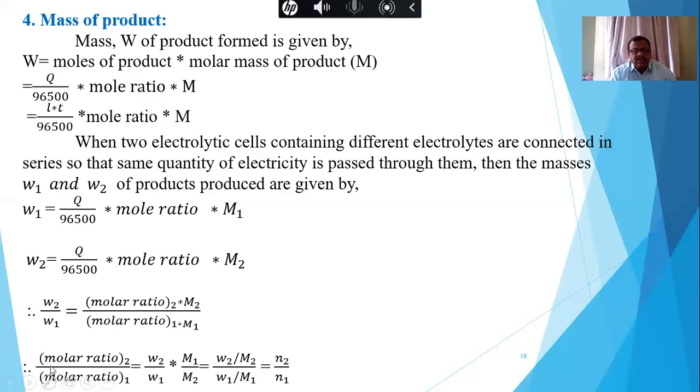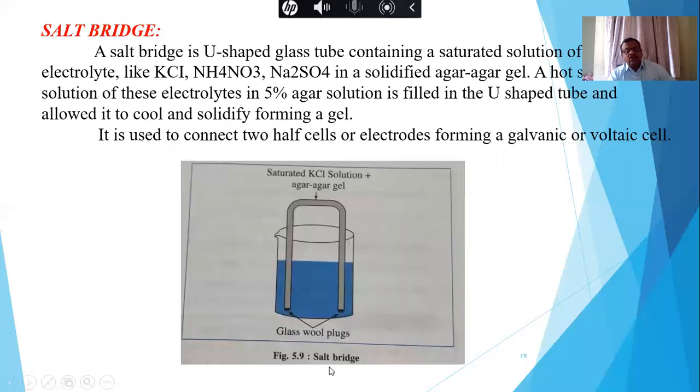Therefore, finally, the mole ratio 2 upon mole ratio 1 is equal to W2 upon W1 into M1 upon M2, which is finally equal to W2 upon M2 by W1 upon M1, which is finally equal to N2 upon N1. So with this, we complete the aspects of electrolysis.